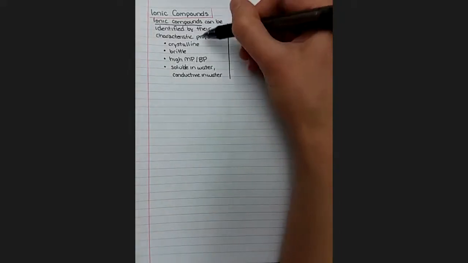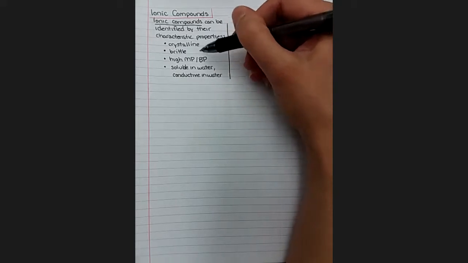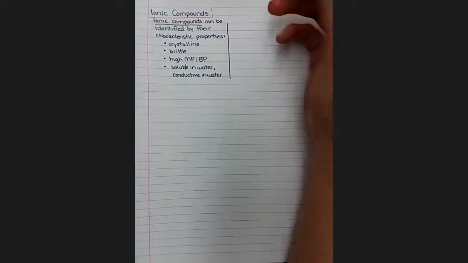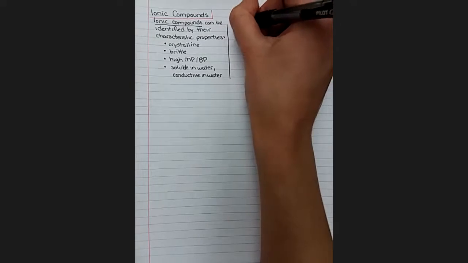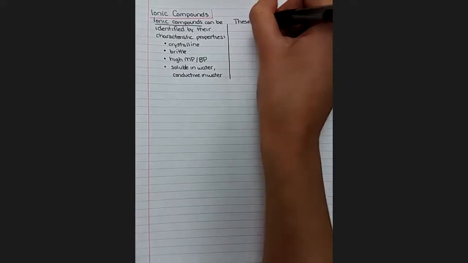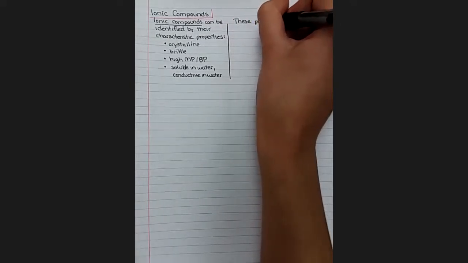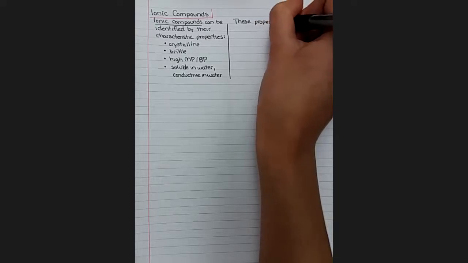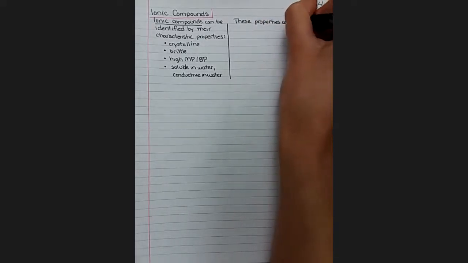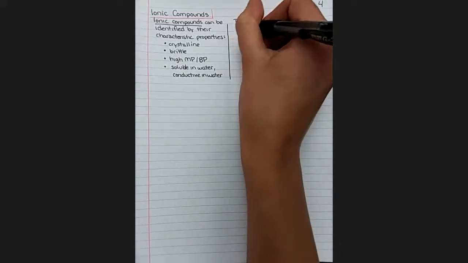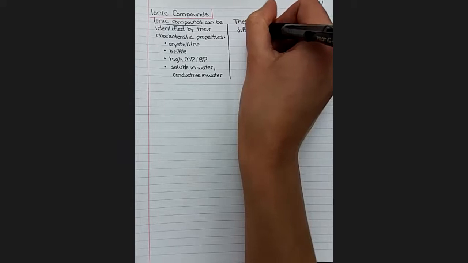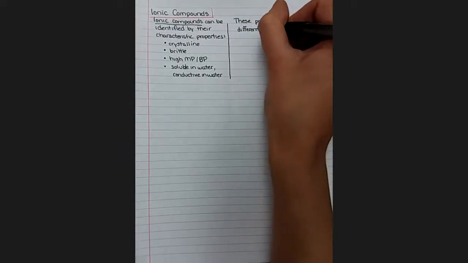So these properties of ionic compounds, crystalline, brittle, high melting and boiling point, and soluble, are very different than the properties of the individual atoms and elements that make them up. And this should sound familiar. We talked about this when we learned about the definition of a molecule, of a compound, and the definition of an atom and of an element.